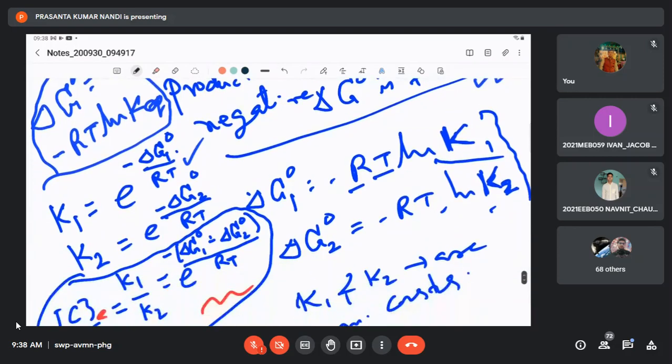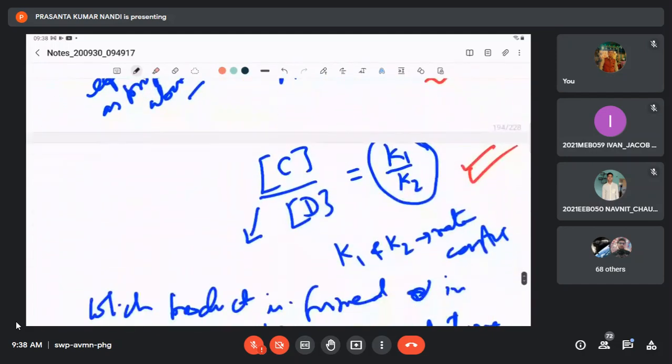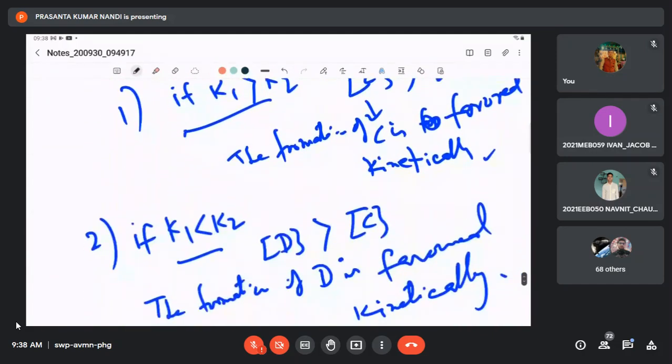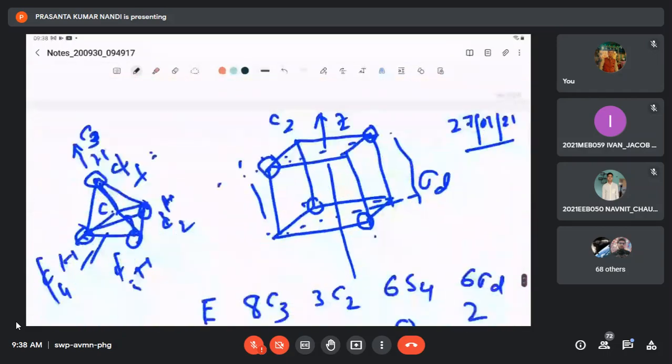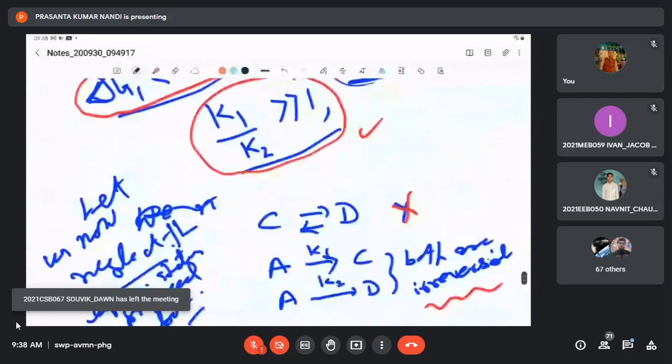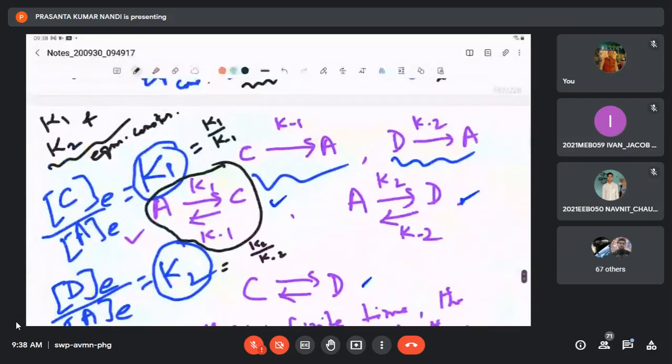That free energy change of the reaction mixture, I think I have not written the expression here, but you know it from basic thermodynamics. Gibbs free energy change can be written as an expression with the reaction quotient.